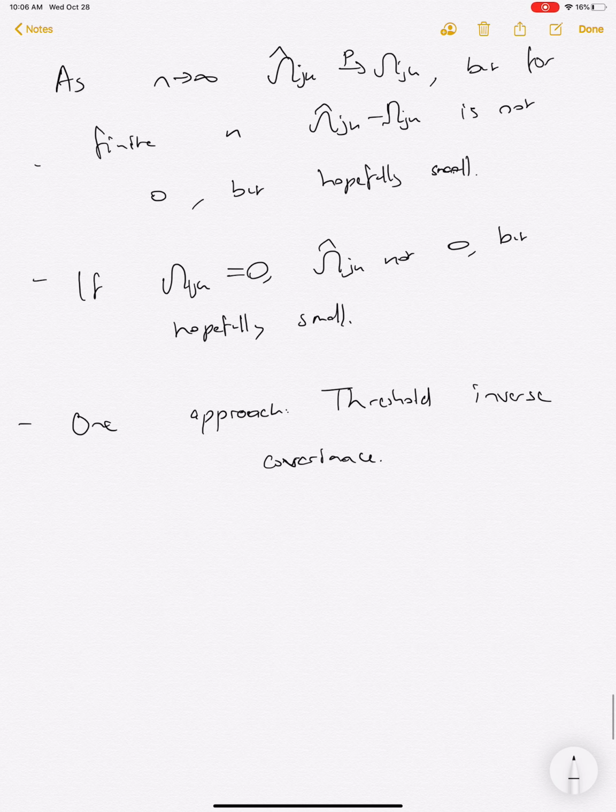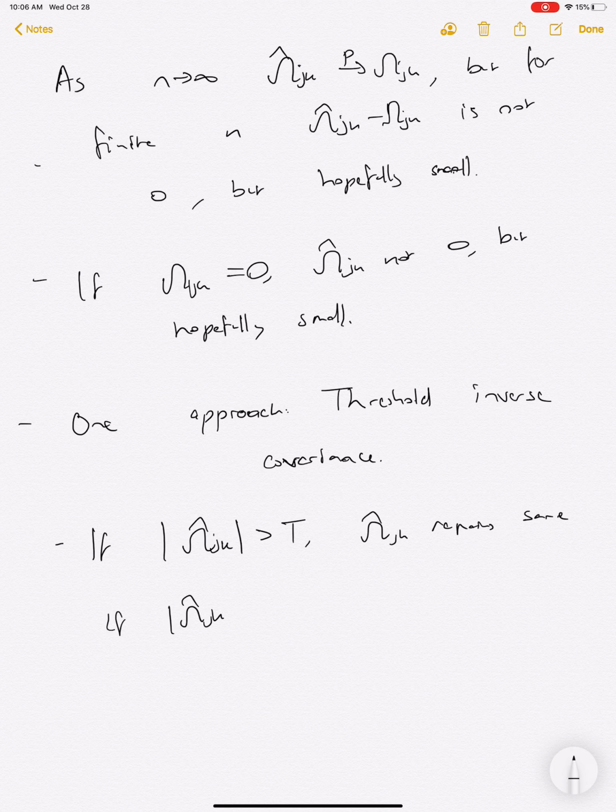The idea is that if the absolute value of omega hat jk is bigger than some threshold t, then omega hat jk remains the same. But if it is less than or equal to t, then omega hat jk equals 0.